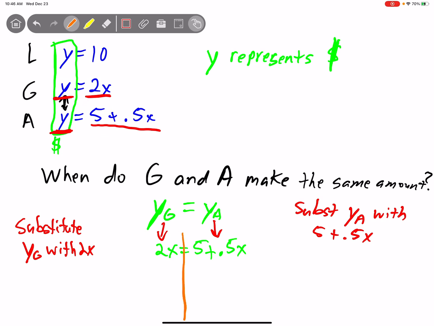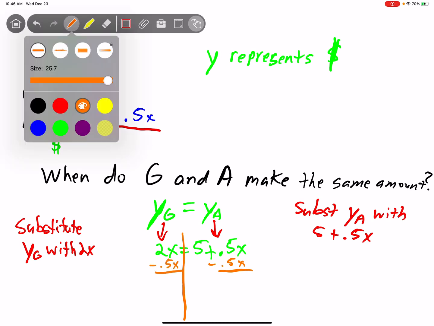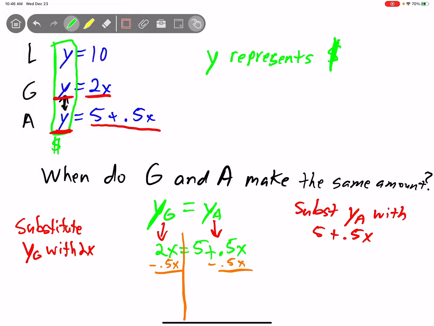Let's subtract 0.5x, which makes me subtract 0.5x. And now I've got 1.5x equals 5. Okay, I've got 1.5x equals 5. What do I do now? Well, in this case, I still have to divide by 1.5.